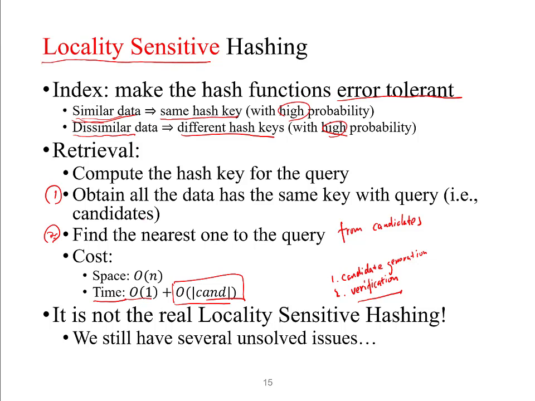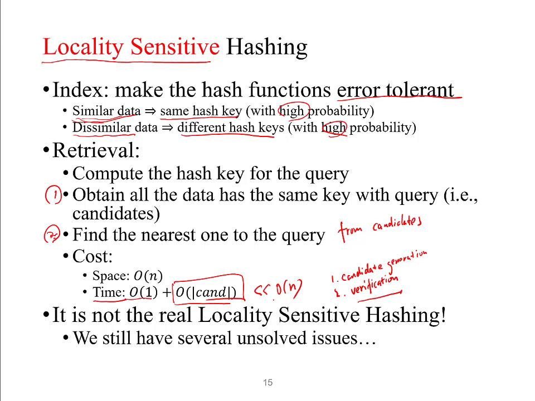But since the candidates are usually not too many, or at least it is just a small portion of the whole data set, this is still much better than big O of n. So that is the advantage of LSH. Right? We no longer need to linearly scan the whole data set.